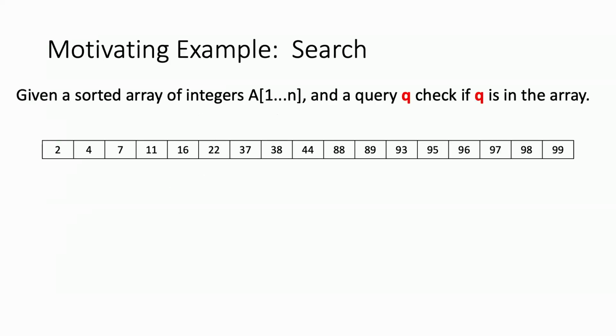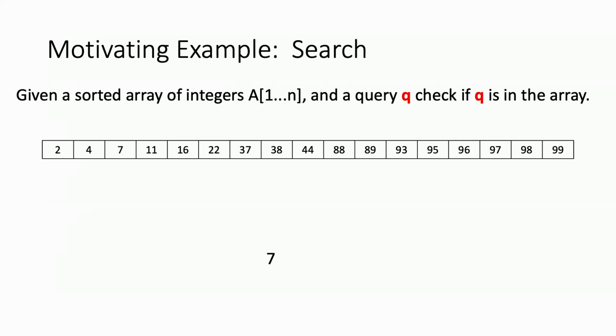All right, so a very simple motivating example would just be basic search. Suppose that you're given an array of n items sorted, and you have a query, and the typical thing that we think of doing is saying, okay, well, is this query in the array? Is this an element in our set?